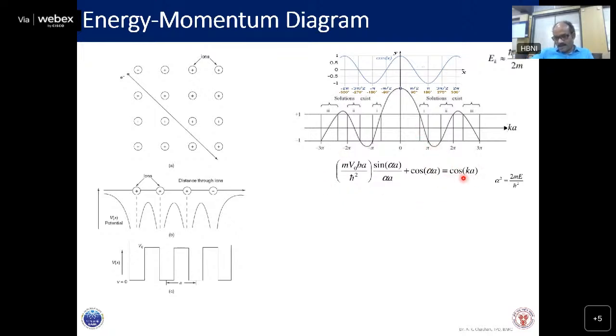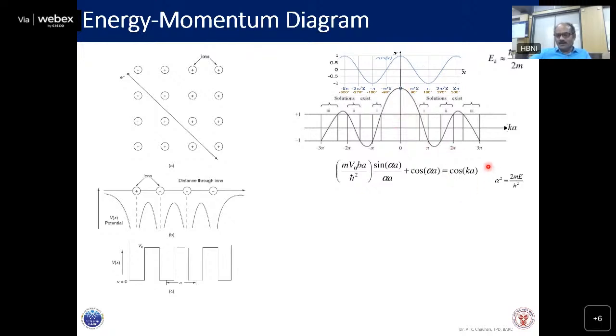Now, on the right hand side, the value is cos Ka. Cos Ka can only have a value between plus 1 and minus 1. But here, you see, this value is going above 1, here it is below 1, here also below 1, and here it is again above 1.